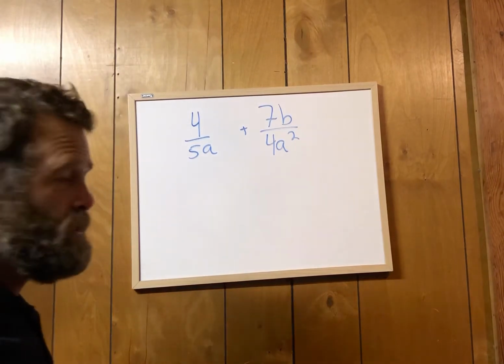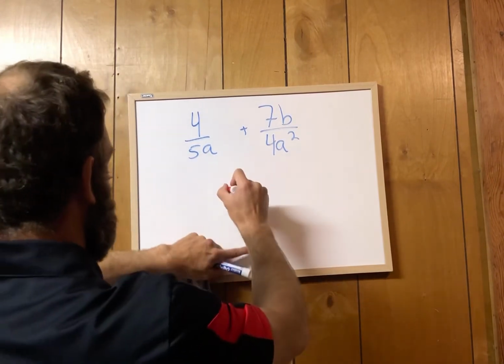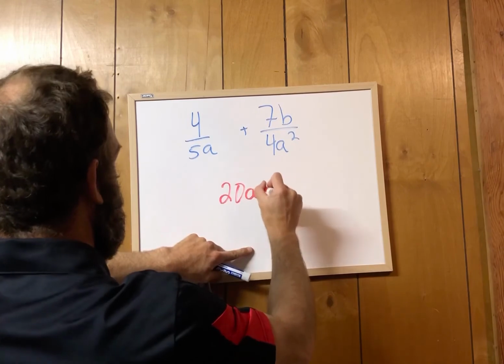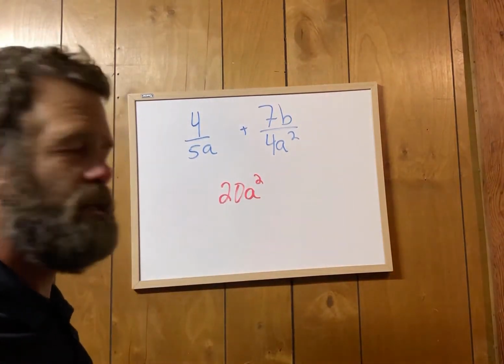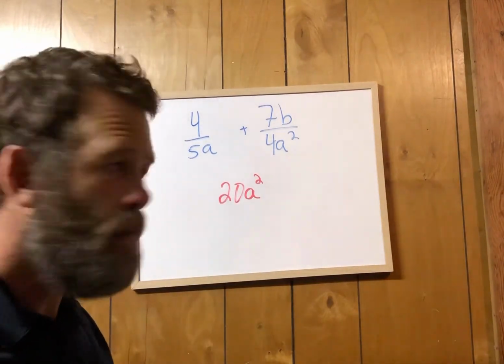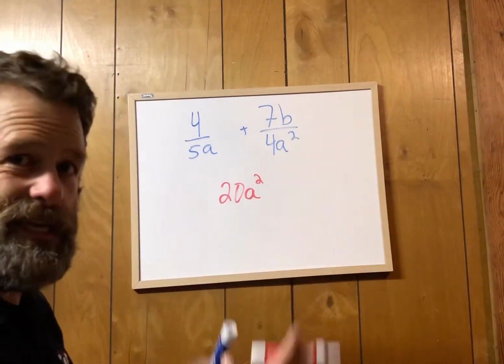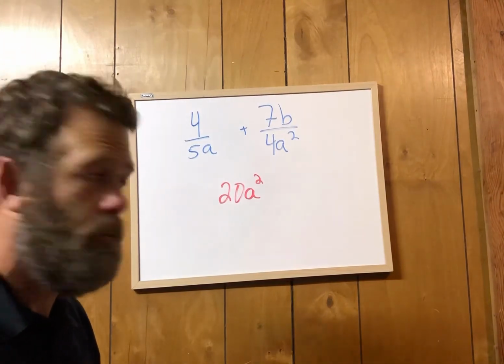Hopefully you guys saw that your common denominator is 20a squared, not cubed. Not cubed. It's your lowest common denominator. You're not just shoving everything together. It's your lowest common denominator.